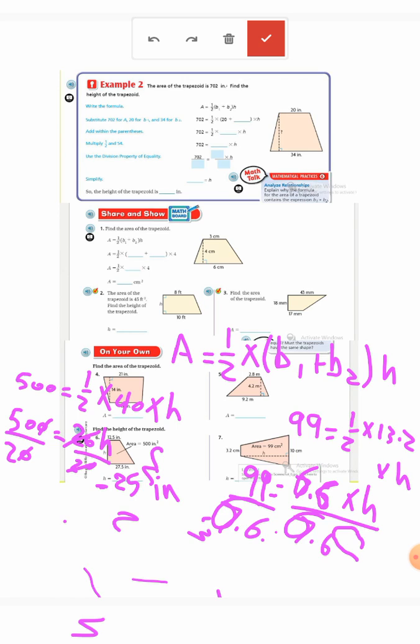This decimal point we are going to take it up, so make it 990 divided by 66. 99 divided by 66 is 1. 1 multiply 66. We are going to make it 330. 330 divided by 66 gives me 15. So the height here is 15.